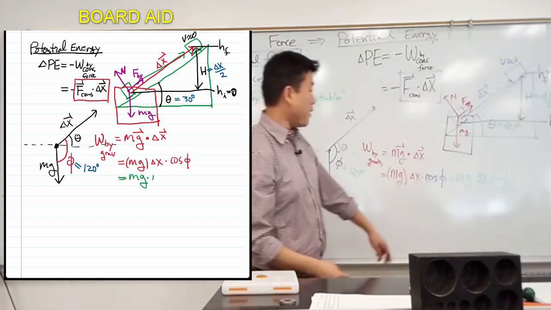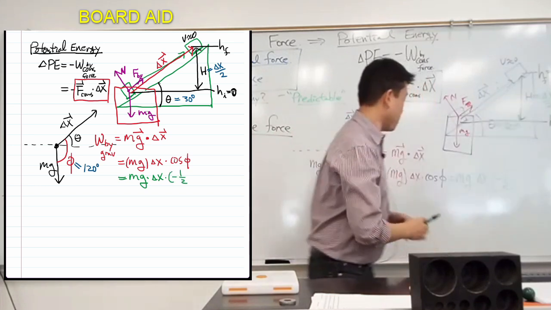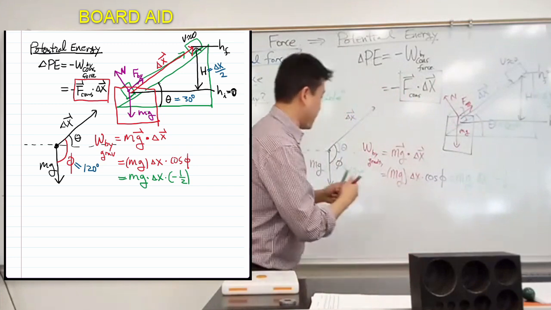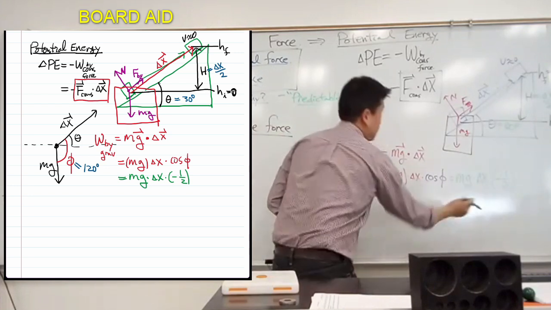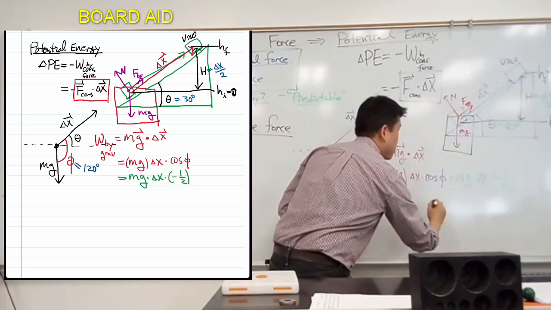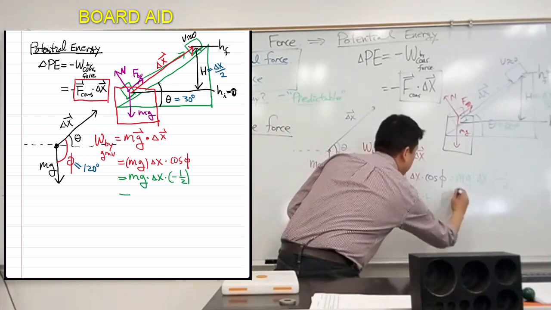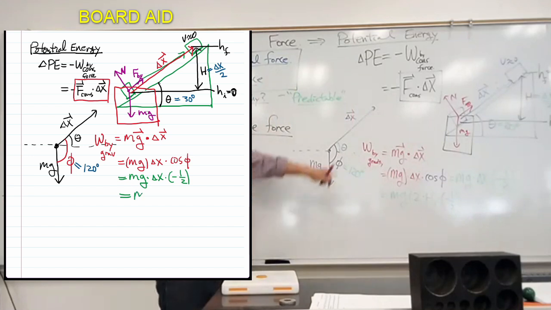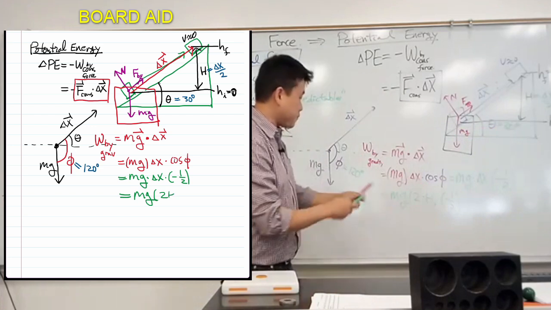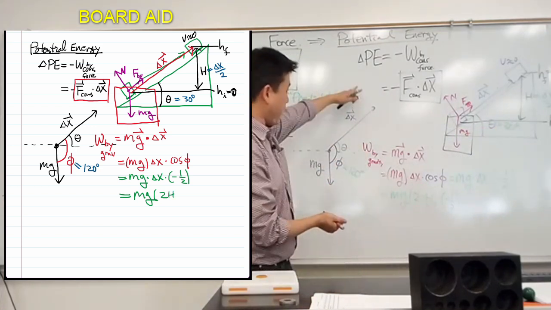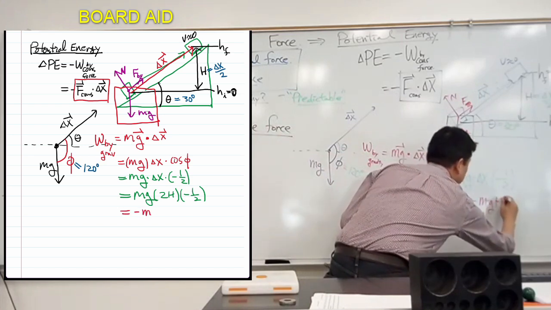Delta x in terms of height h is 2h, so it'll be mg times 2 times the height times minus 1/2. So for this particular angle, the work done by gravity in this situation is equal to minus mgh.